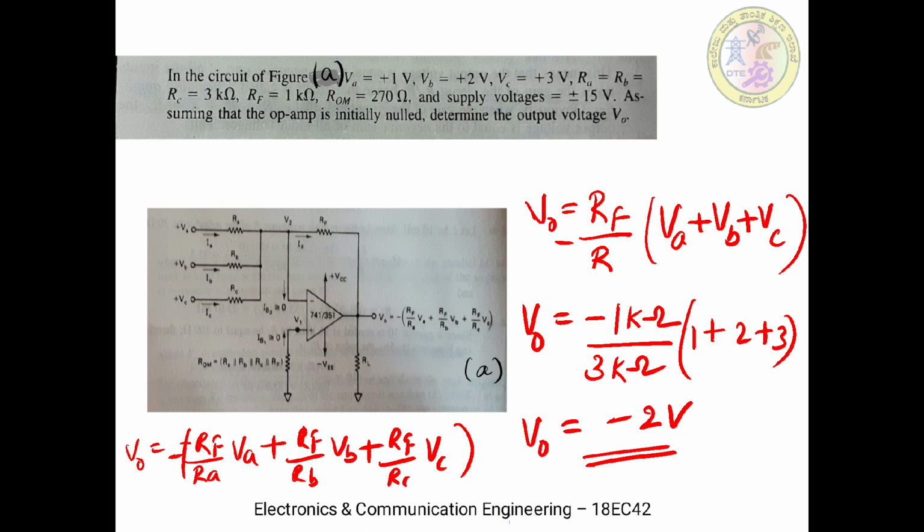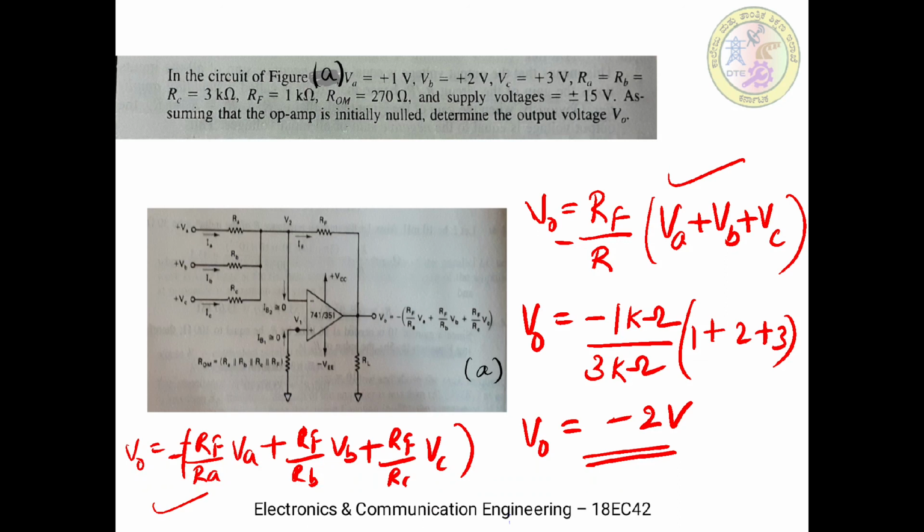So with different values of resistors we can make use of this equation. Otherwise, as in this problem, if RA, RB, RC carry the same resistance value, all the inputs are scaled by the same scaling factor. In that case we can readily use the equation V naught equal to minus RF by R into VA plus VB plus VC to find the final output voltage V naught.